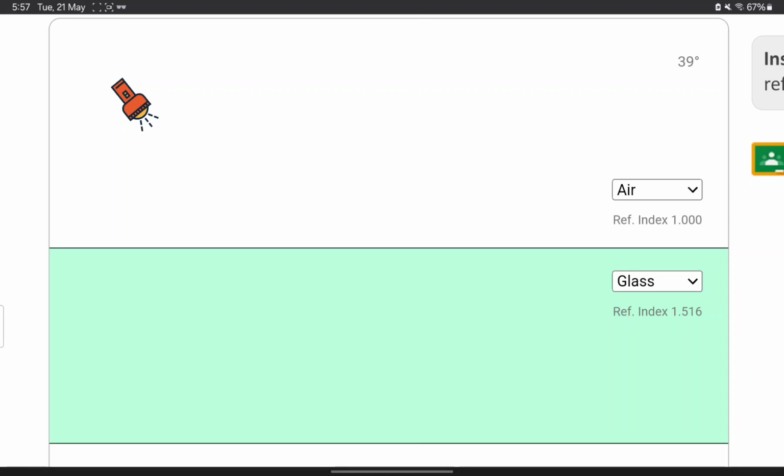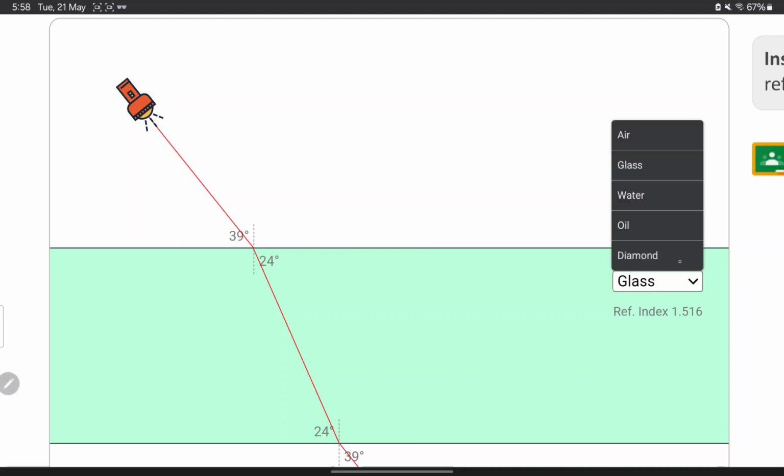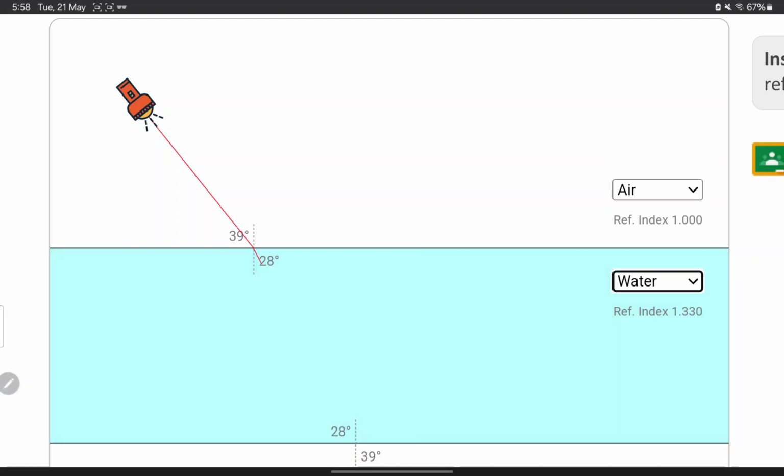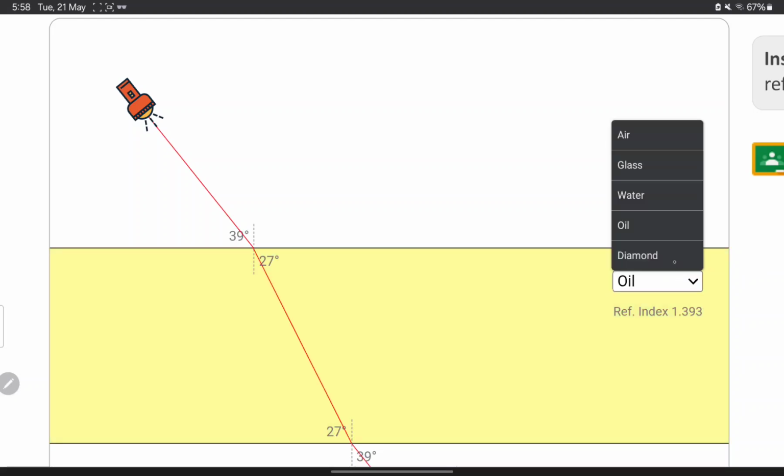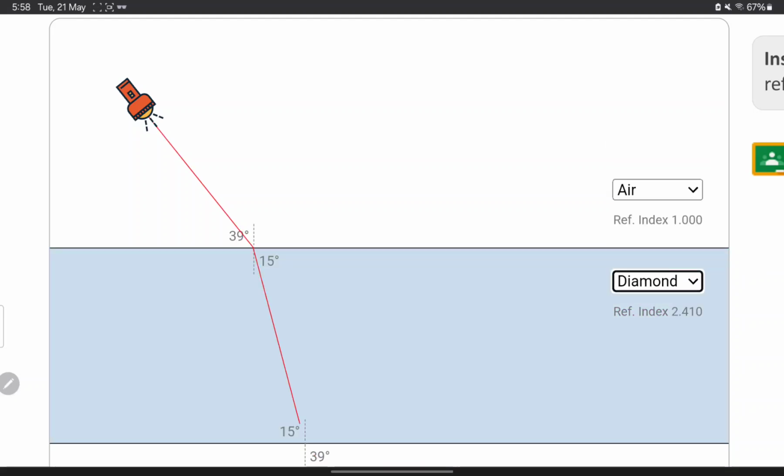Let's just turn on this light, and you see the beautiful refraction, right? You can change this material to water, oil, or diamond. Such beautiful refraction happens in these particular mediums, right?